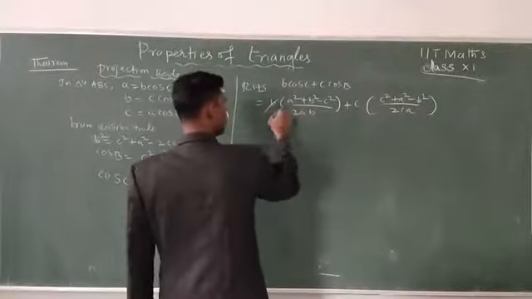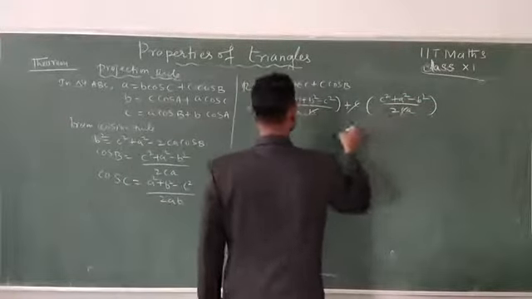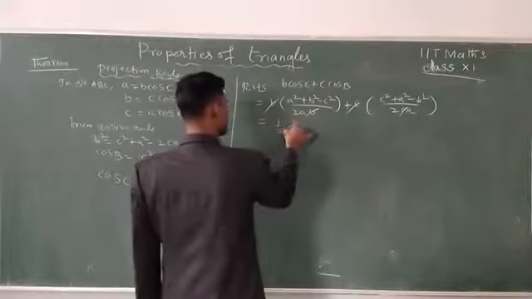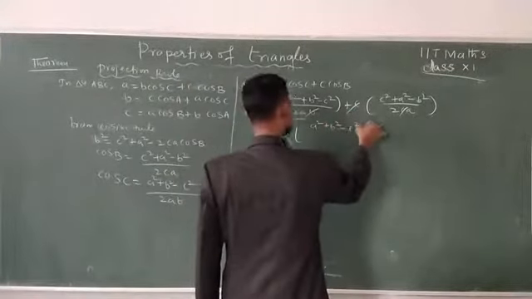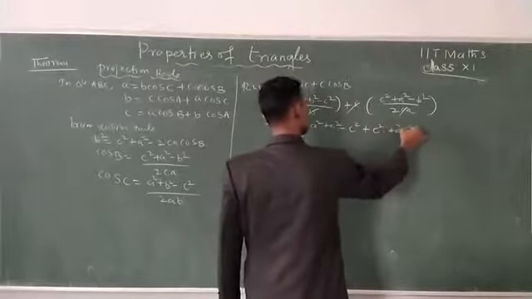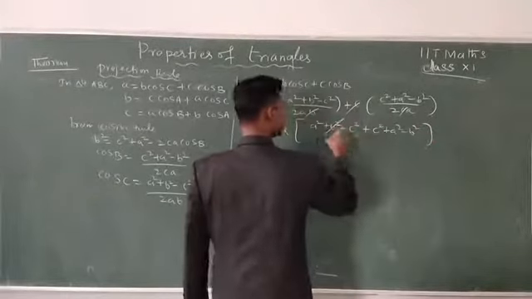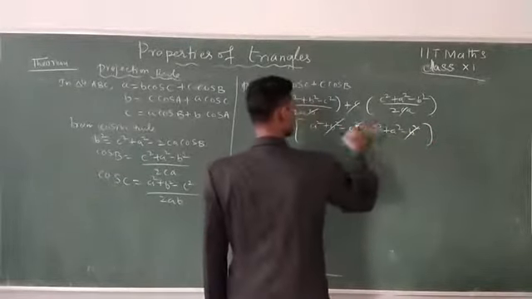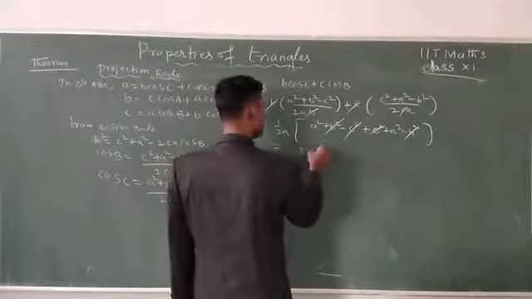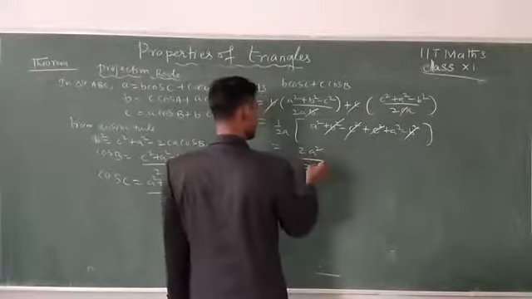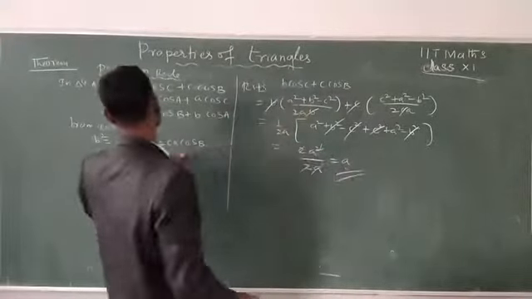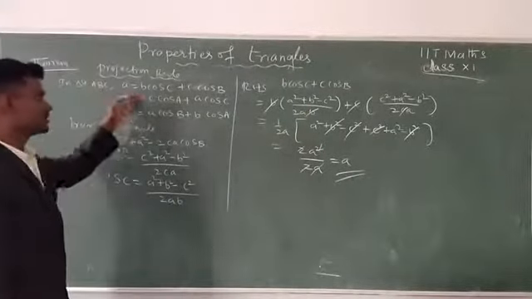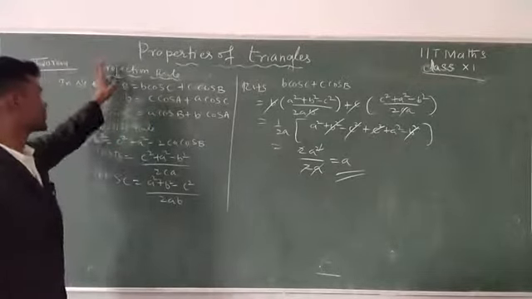Now see here, b and c cancel. Now take 1 by 2a common: a square plus b square minus c square plus c square plus a square minus b square. Now b square cancels, c square cancels. Now 2a square by 2a, a cancels. This is equal to a. Similarly, the other two we have to do like this. Okay, this is the projection rule.